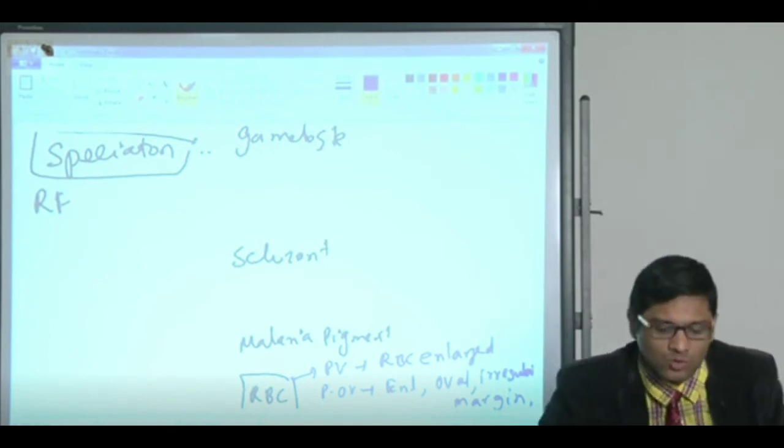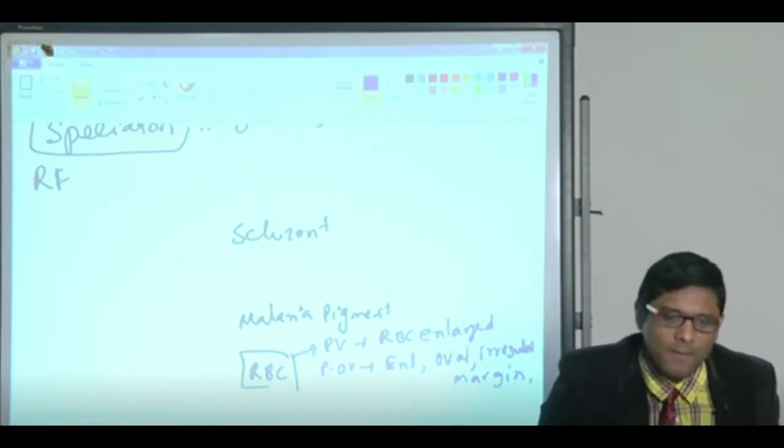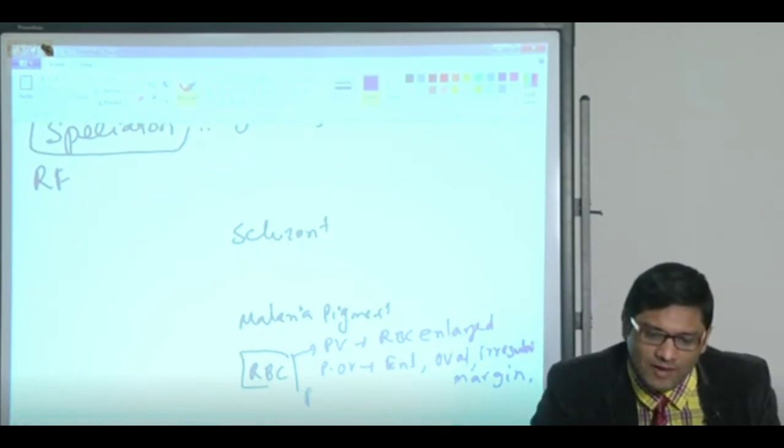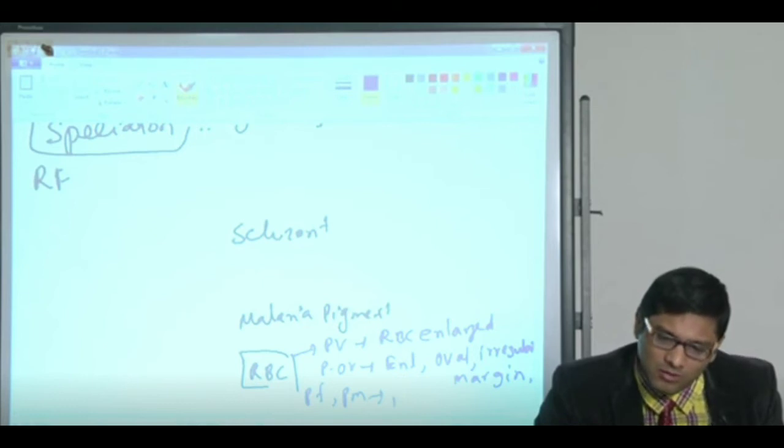Whereas the remaining two, Plasmodium falciparum and malariae, the RBC is normal.